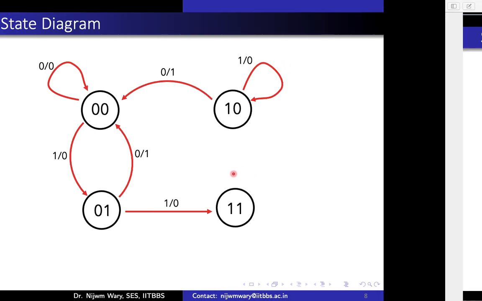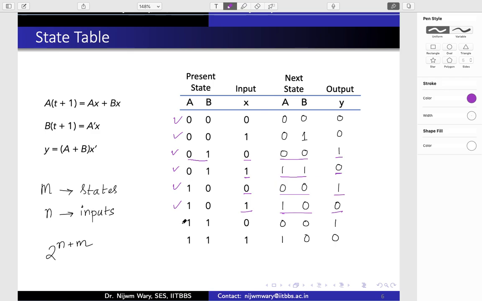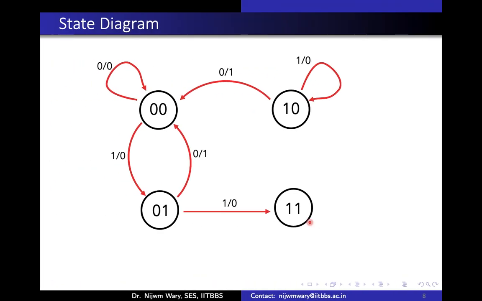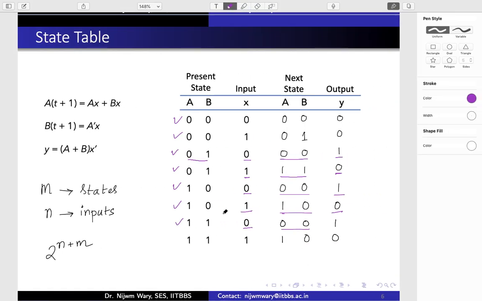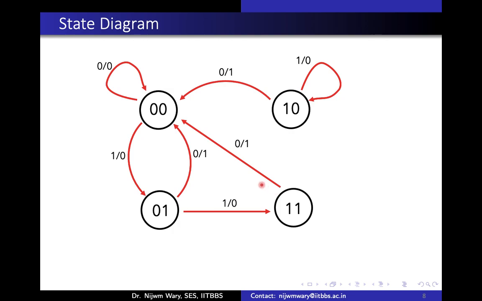The next is the state 1 1. Whenever it is 1 1 and the input is 0, the next state is 0 0, and the output is 1. So again I can write input 0 and output 1.